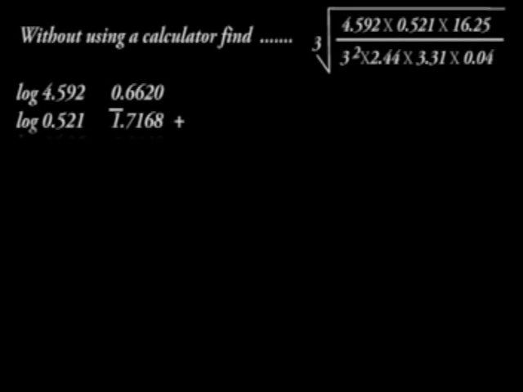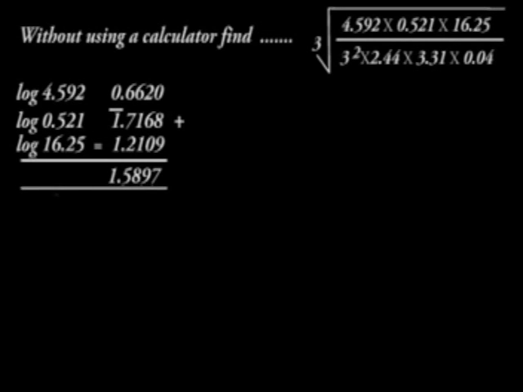That is, log 4.592 is equal to 0.6620. The log of 0.521 is 1 bar 0.7168. Log of 16.25 is equal to 1.2109, and we add all those logs and we get 1.5897.